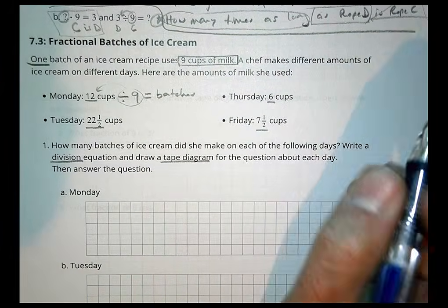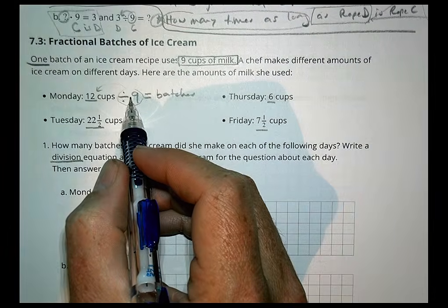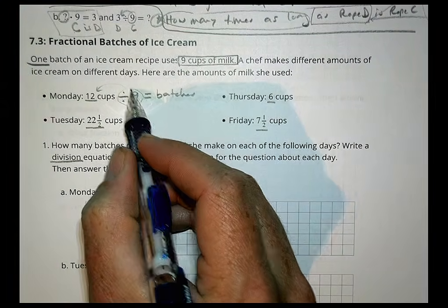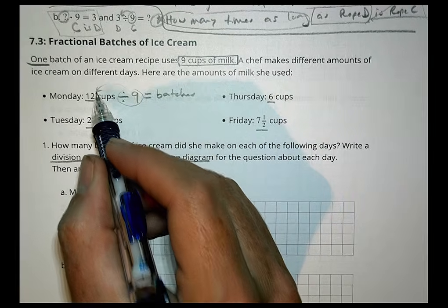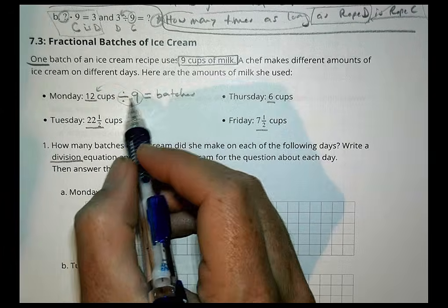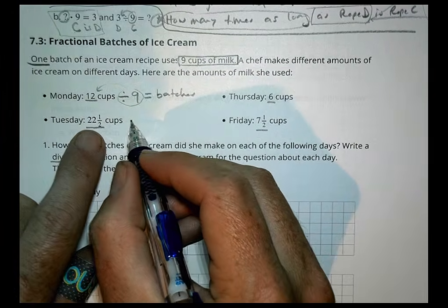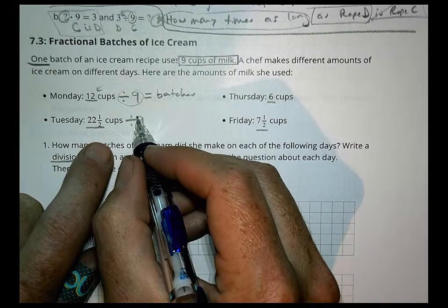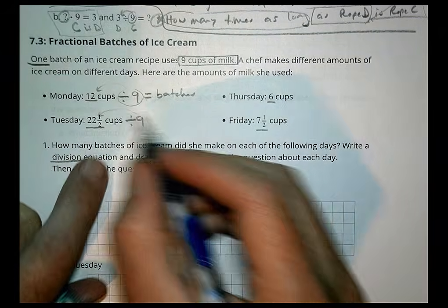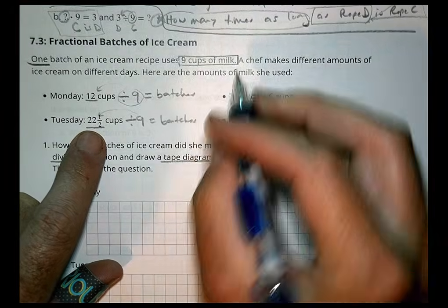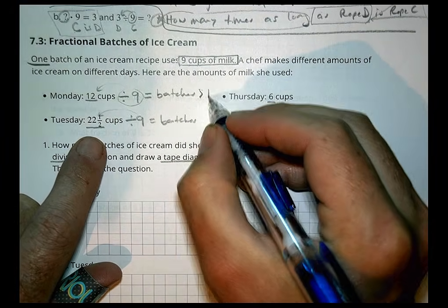Now in this case, if there are 9 cups in a batch and she used 12, we're going to have something greater than 1, right? It should be larger than 1 because it's more. For this one, we have 22.5 divided by 9 because we're saying how many 9 cups are in 22.5 cups for the number of batches. So that should be greater than 1 on the first one.